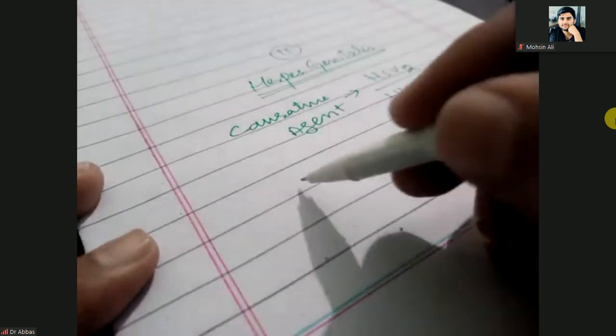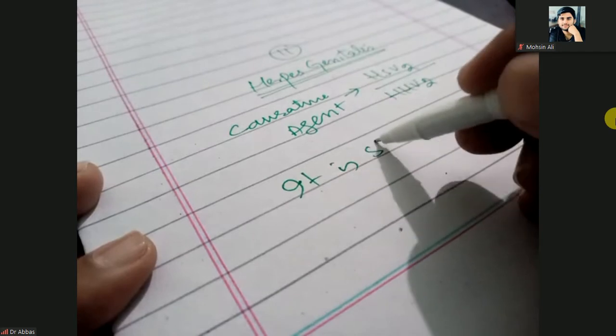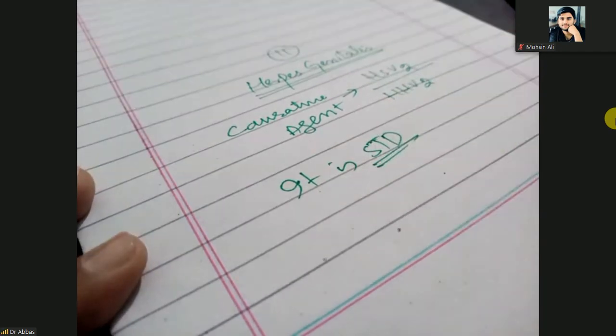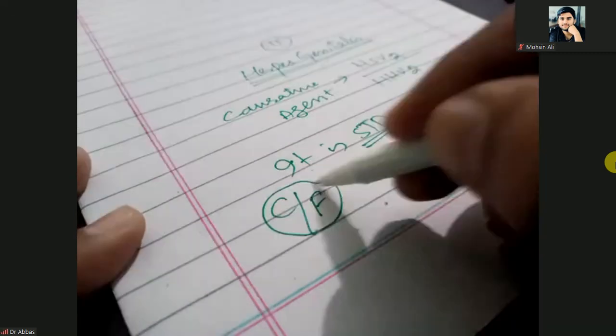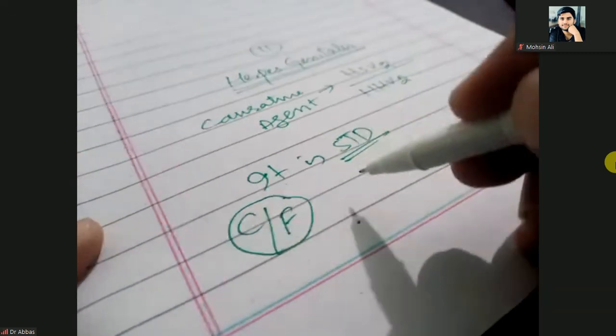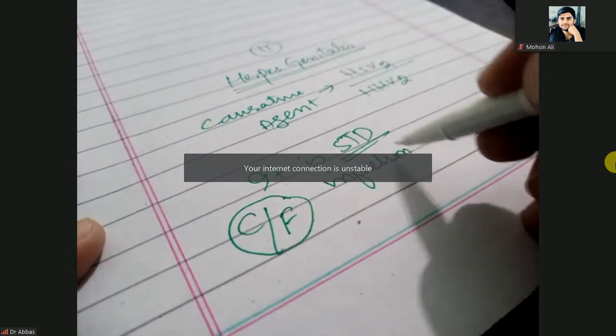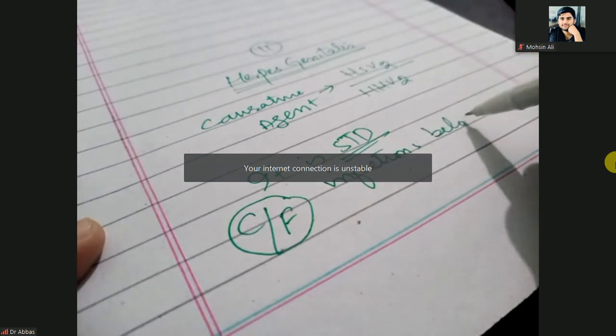Actually, it is an STD, a sexually transmitted disease. Herpes genitalis is an STD caused by HSV2 or HHV2 infection. Clinical features. Infections caused by HSV2 are below the umbilicus.